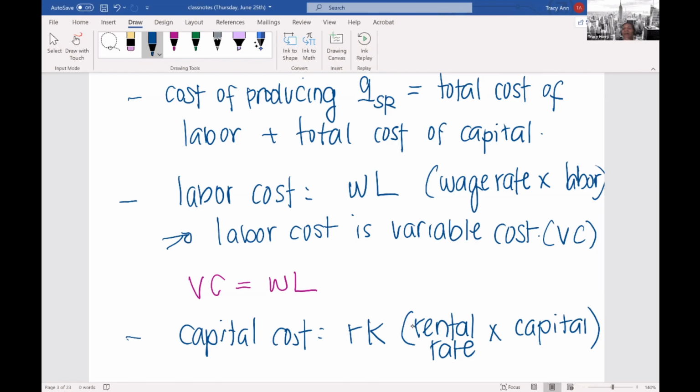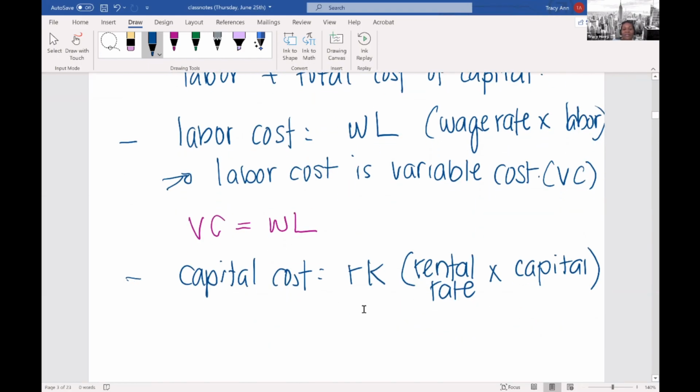Because if I borrowed money from the bank to purchase machinery, like to purchase a computer or a food truck, then I'm paying back the bank a monthly fee. So you can imagine in an abstract way that it's really the bank's truck or the bank's machinery, and I am paying them a rental rate for it. That rental rate is covering your interest rate, as well as if you decided to rent and not purchase this machinery or equipment. So in the short run then, your capital cost is a fixed cost in the short run.